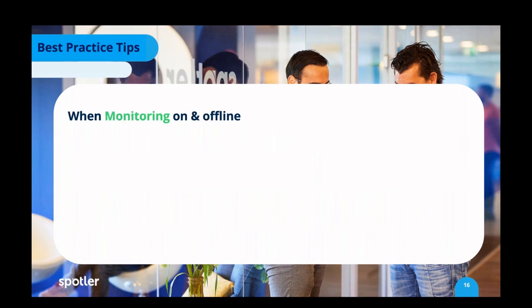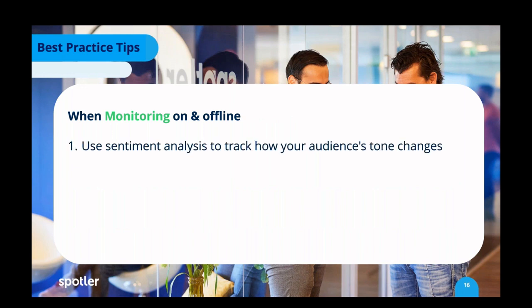And lastly, a few tips on monitoring online and offline. So this is social listening and more like a Google search type online monitoring, and then monitoring offline sources. It's really important to use sentiment analysis to track how your audience's tone changes.